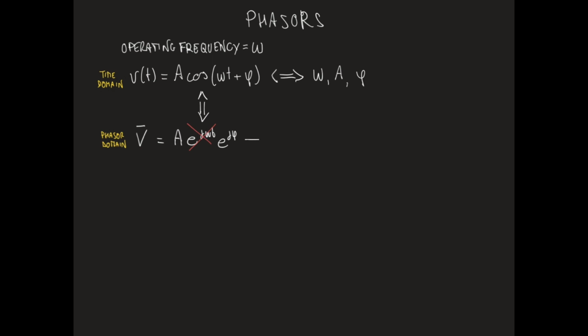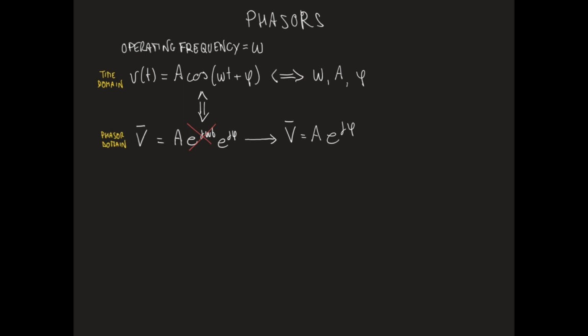Eventually, the phasor representation of V of t becomes V bar equal to A, the amplitude of the sinusoidal signal, times e to the j phi, the phase of the sinusoidal signal. Note that in this final expression for the phasor V bar, the two pieces of information we need to completely identify the sinusoidal signal, the amplitude and the phase, as we said before, are preserved.